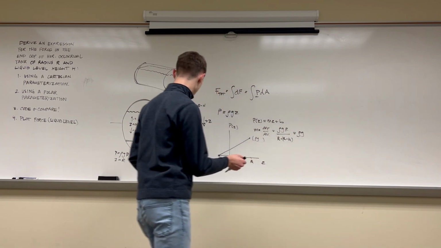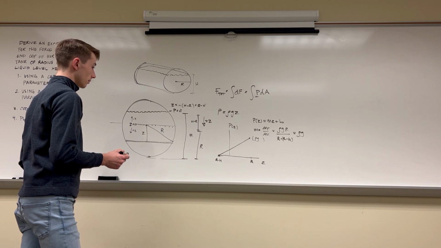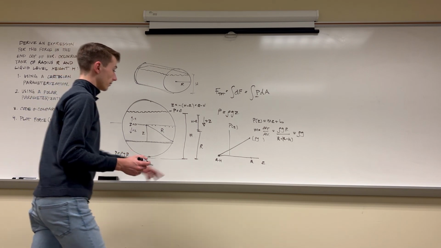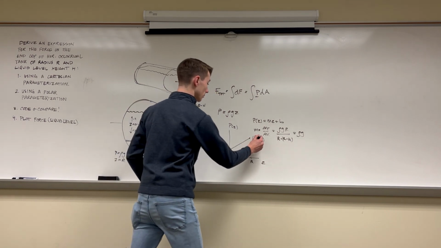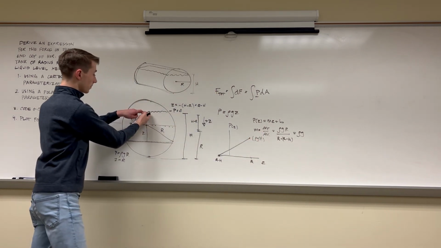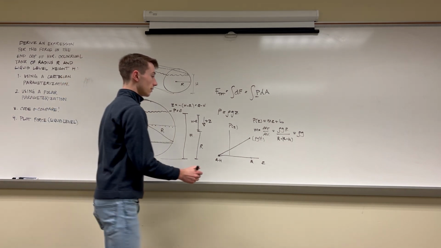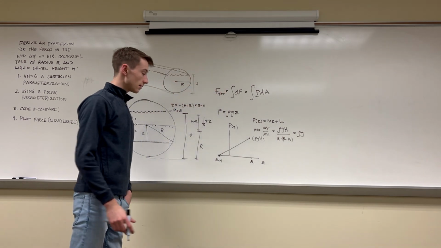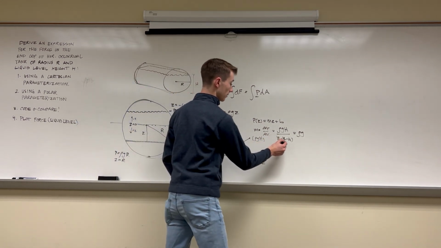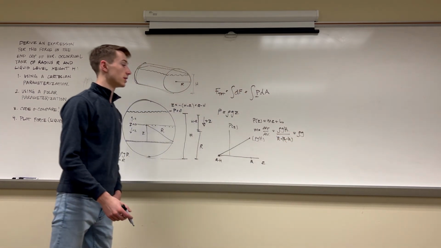This needs to be h, excuse me, since we're at depth below p equals 0, h. Now this cancels out, and this cancels out. So we get our slope as rho g.